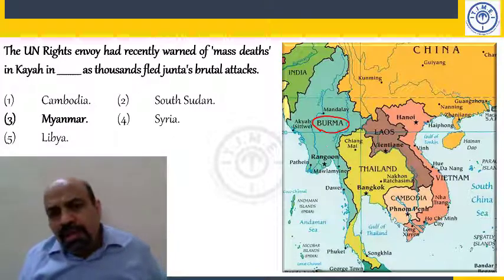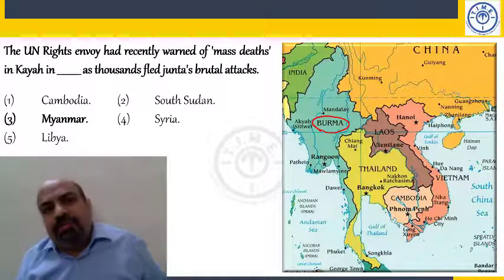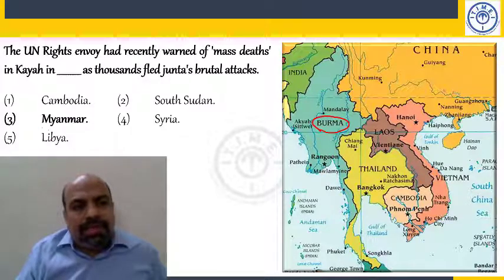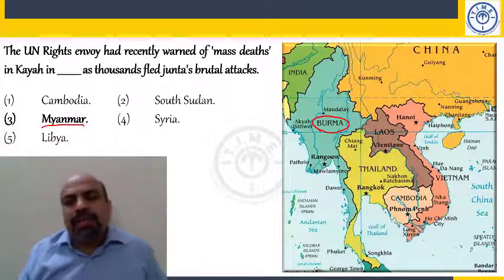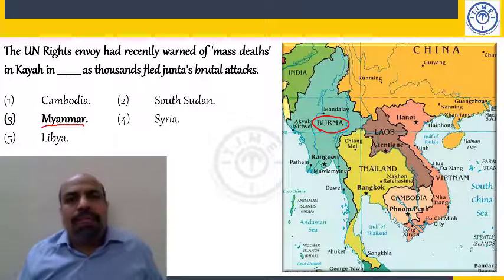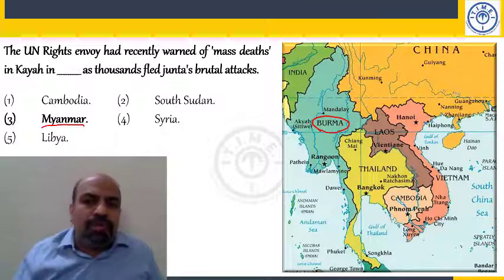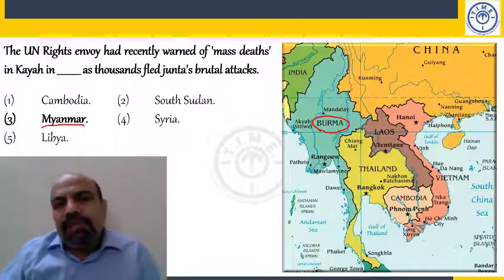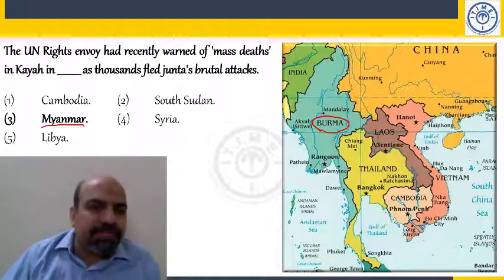In 1989, Burma became Myanmar, because Myanmar is an inclusive term, whereas Burma relates to only one particular ethnic group. So they don't want this to be reflected as the country of only one ethnic group. It's a country of everyone kind of thing.